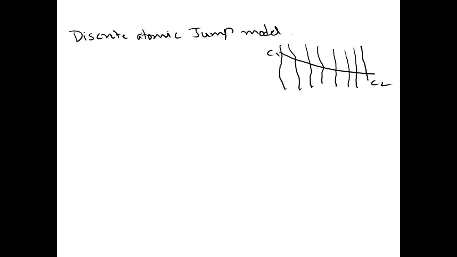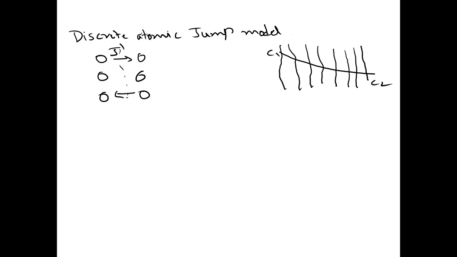So, if you go to the atomistic level, the atom is jumping from left to right, and right to left.